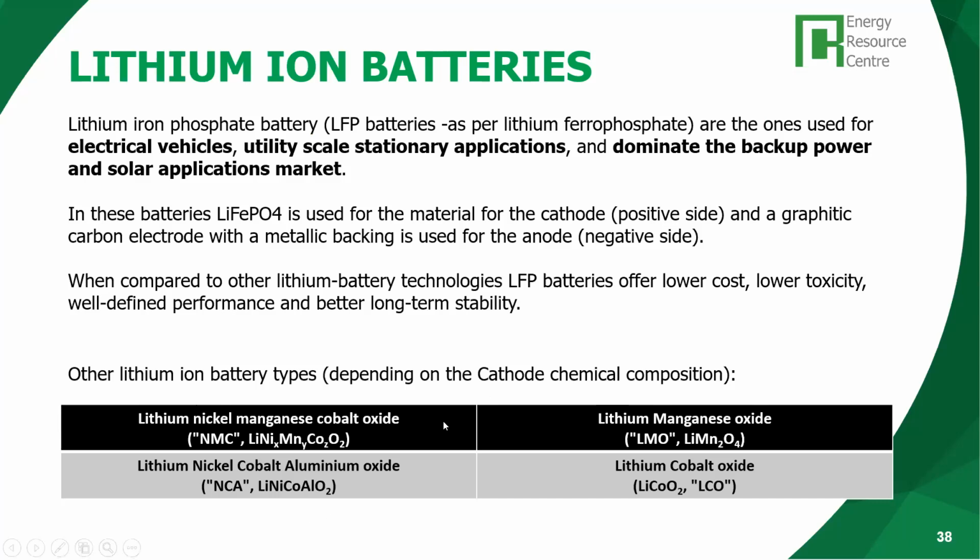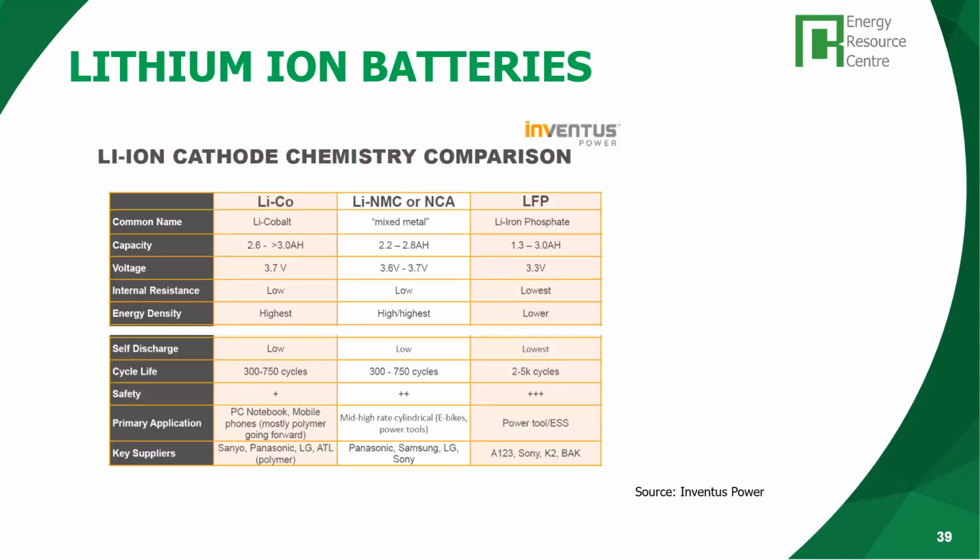Other types of lithium-ion batteries are the ones in the table: the NMC, nickel manganese cobalt oxide in the cathode, or just manganese oxide, or nickel cobalt aluminum oxide, or cobalt oxide. All of these are lithium-ion based batteries, but the difference is in the chemical composition of the cathode, and each of them has different properties.